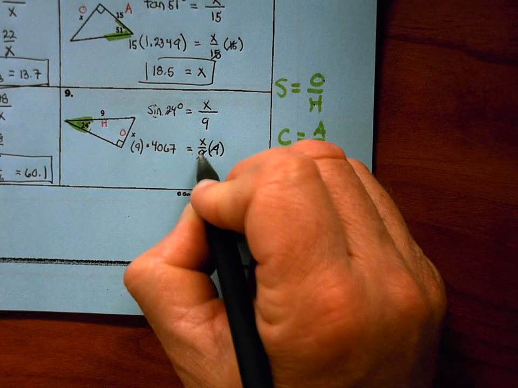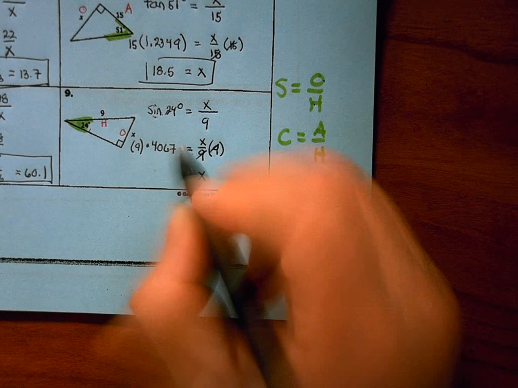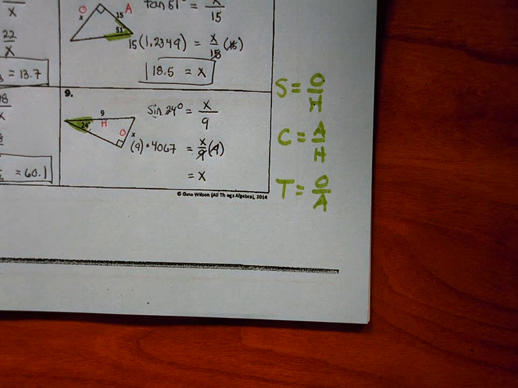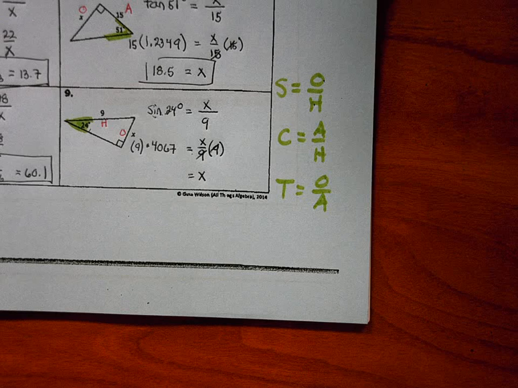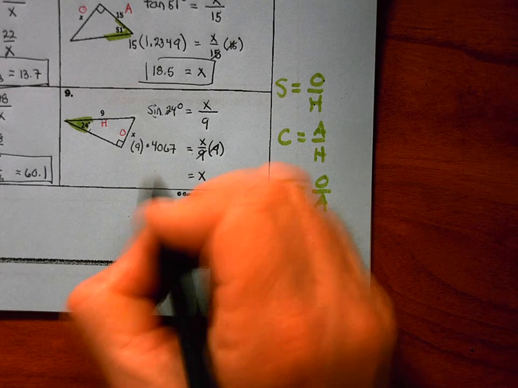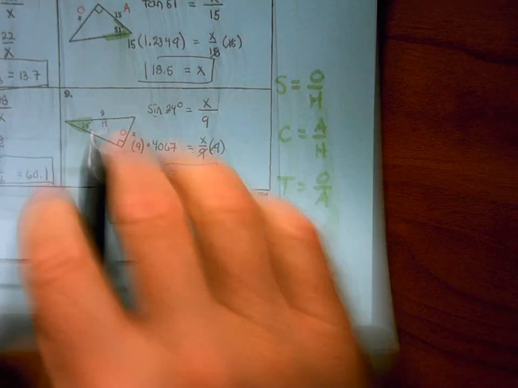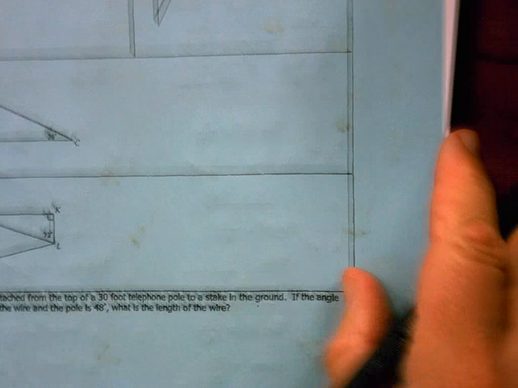Those 9s would cancel out on the right side of the equal sign, and that would leave me with x, so x would be equal to 9 times 0.4067, which is 3.7 when we round it to the tenth. Okay, there's number 9. Turn it over, number 10.